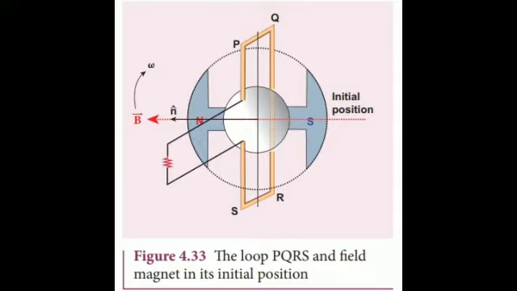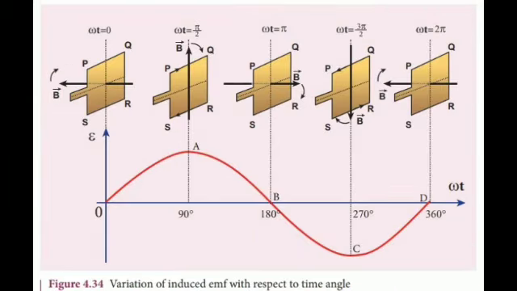This is represented by origin O in the graph between induced EMF and time angle. When field magnet rotates through 90 degree, magnetic field becomes parallel to PQRS, the induced EMF across PQ and RS would become maximum.